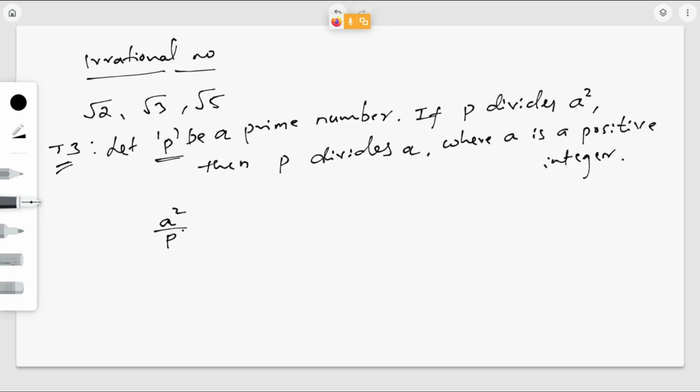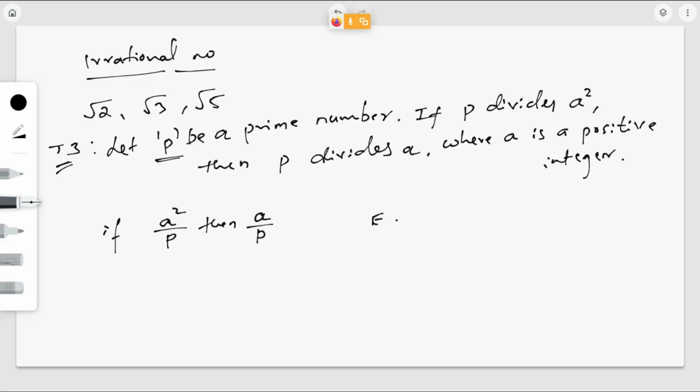If P divides a square completely, then this P will definitely divide A completely. So try to understand this one. If P divides a square, then P will divide A.